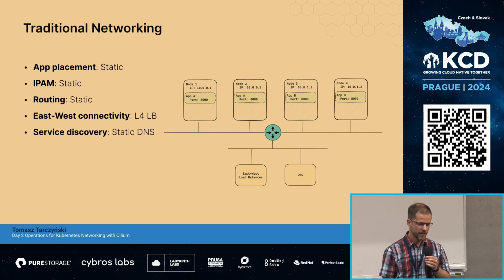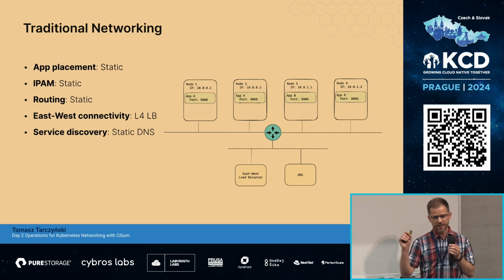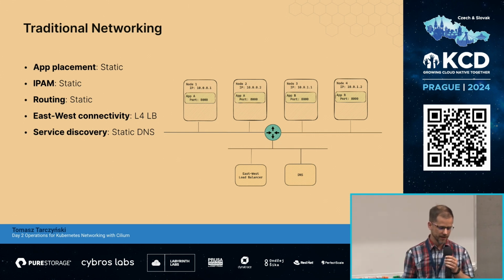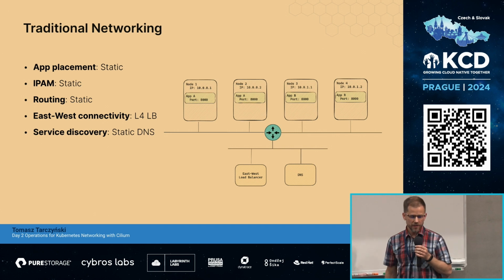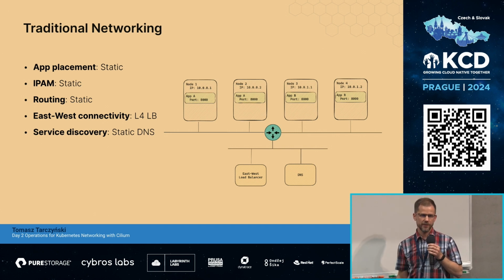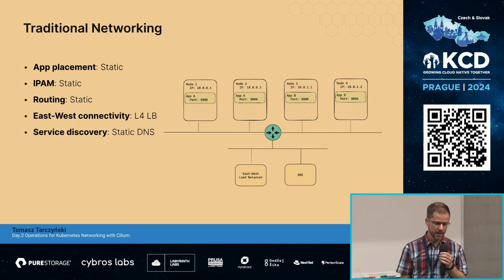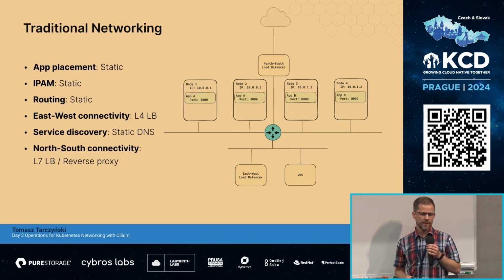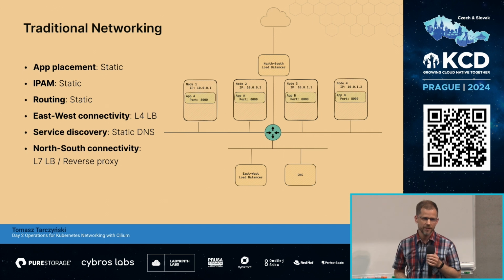One thing is connectivity in the east-west direction, so between different applications within your data center. You needed to have some way of service discovery. A very simple approach would be just a DNS server. There are more advanced options as well, but let's keep it simple. And then the north-south connectivity.